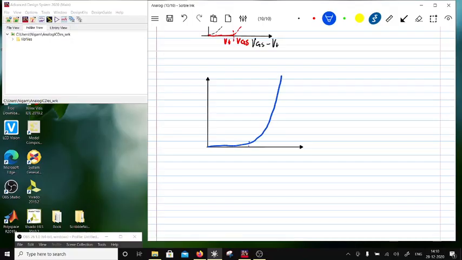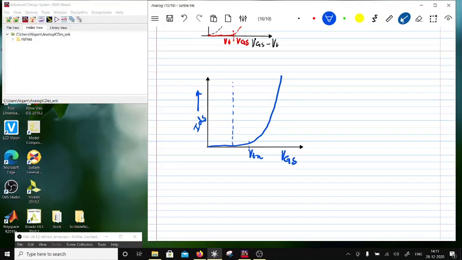Okay. So this distance is VTM. So if I consider region far away from VTM, so this is VGS, and this side is IDS. So if I was to go far away, then what is going to happen?